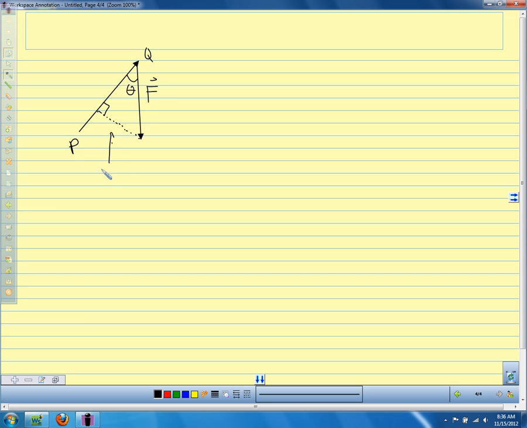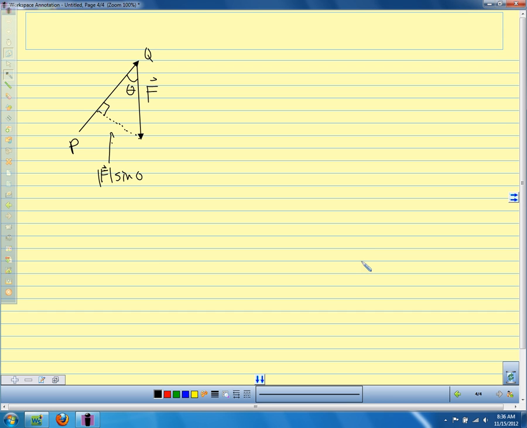There's my angle. So only the component that's perpendicular to our position vector is contributing to the torque. Only the component that's perpendicular produces the torque. Questions?